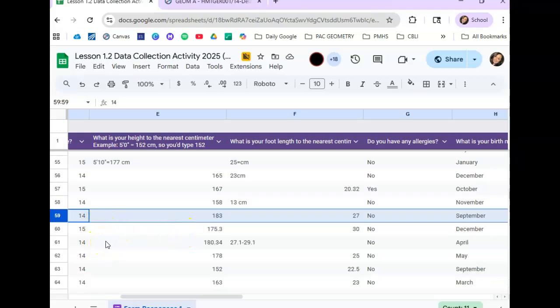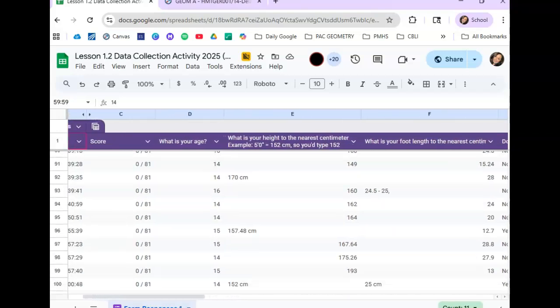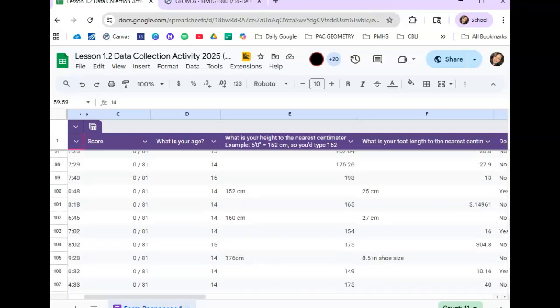What my other classes were doing, the mistake they made was they were subtracting 108 minus 59 and said that's the total. That's not how it works. You have to count 59. So count from 59 all the way down to 108. And that's how many people are in our class. Okay?